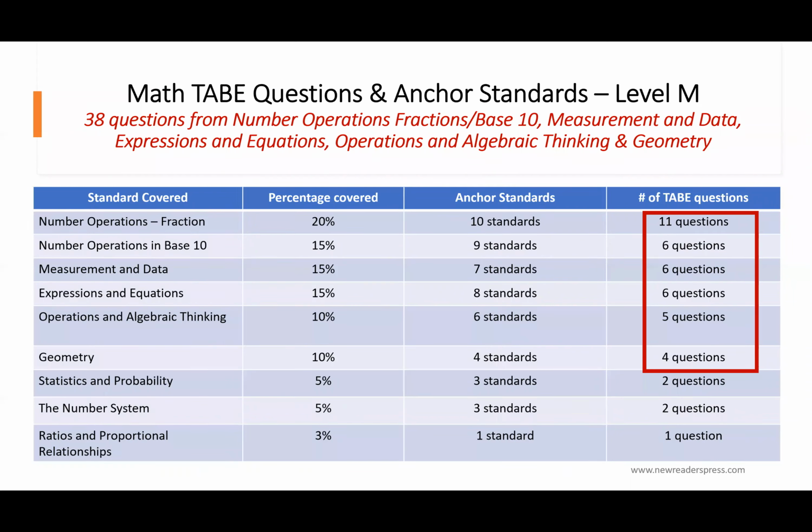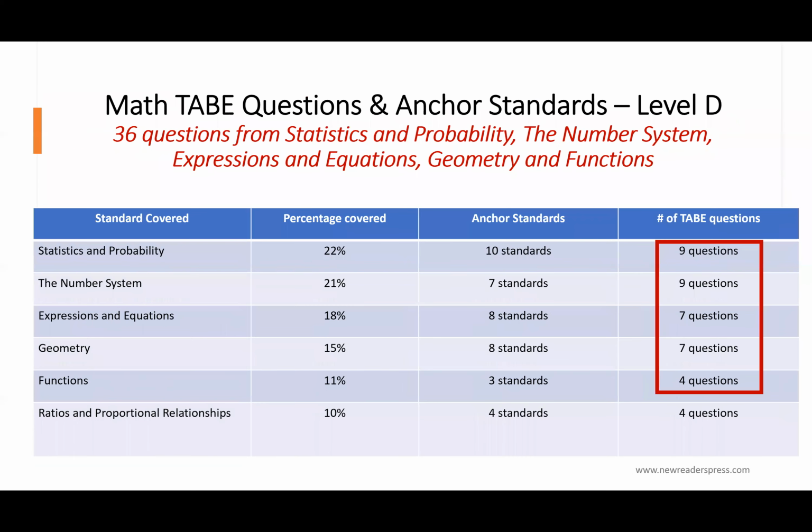While there's only 4 that are covered at geometry here, I did want to make a note that you can teach geometry beginning at L level and going all the way through A level. So I did want to keep this highlighted here. Notice too that there is only 1 question on ratios and proportional relationships covered at this level. So it may or may not be beneficial for you to dive too deep into that at the math level.